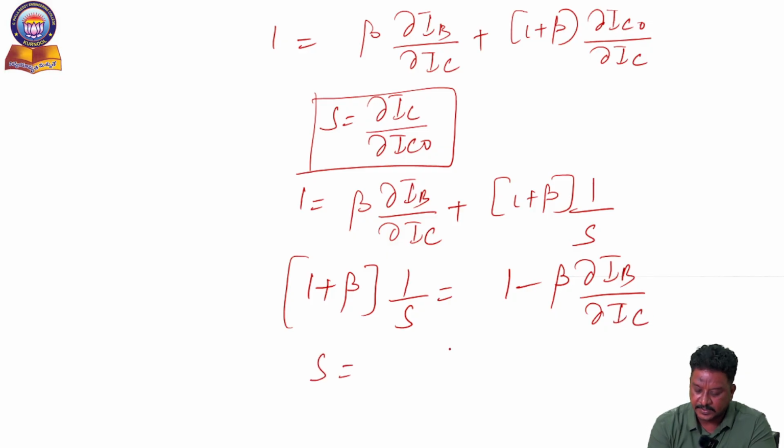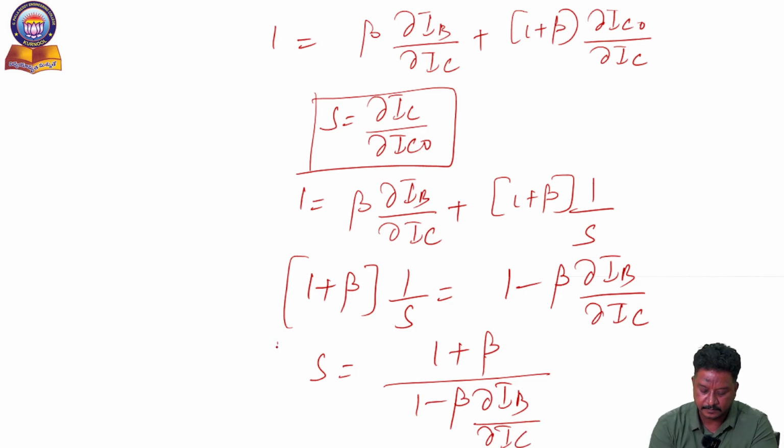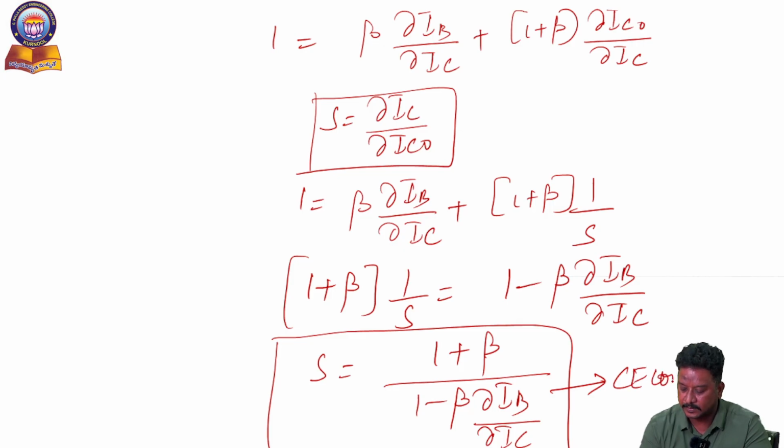So that S is equal to 1 plus beta by 1 minus beta change of IB by change of IC. This is the final stability factor for CE configuration exclusively.